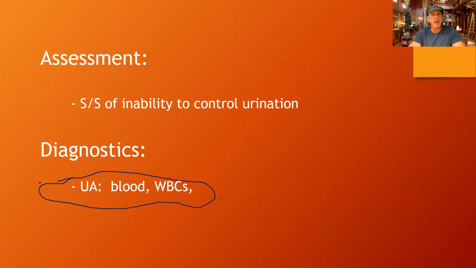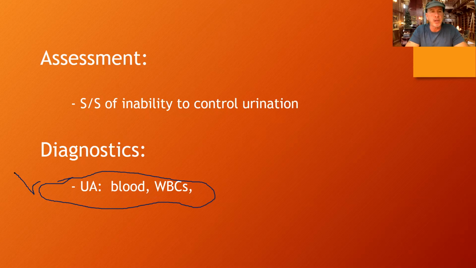I will point out here, I didn't point out in the last slide, but just for your information, if you get a bladder infection in an older individual, especially in a care facility, they can literally go bonkers. Psychologically, they go off the wall.